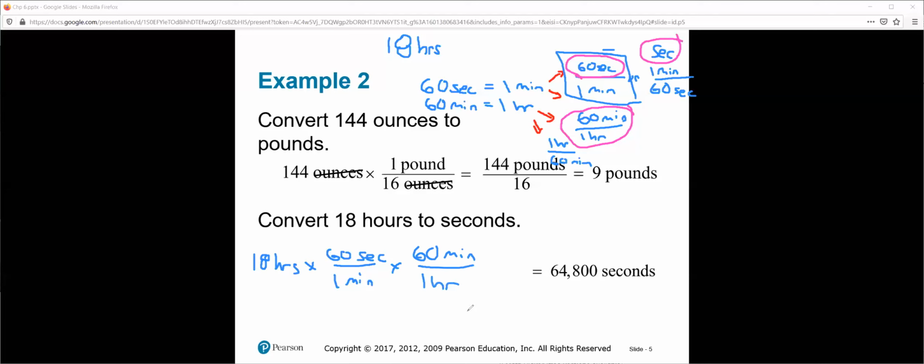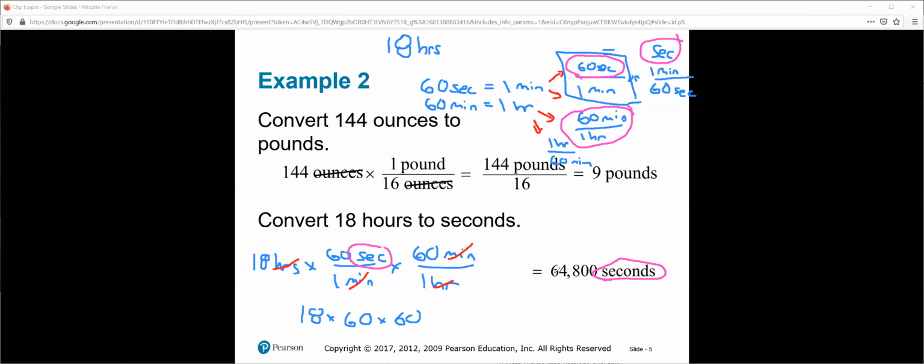Now my equation has hours in the numerator, hours in the denominator, minutes in the denominator, minutes in the numerator, and seconds in the numerator, which ties into my answer. That is my math. So my units all blow up, and my math looks like 18 times 60 times 60, which equals 64,800.